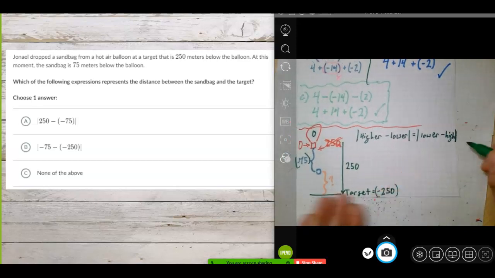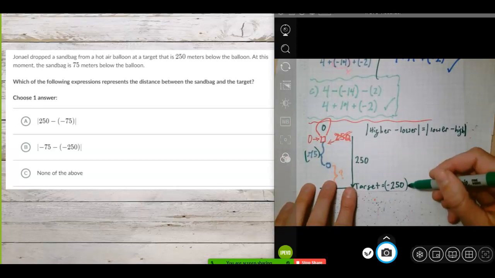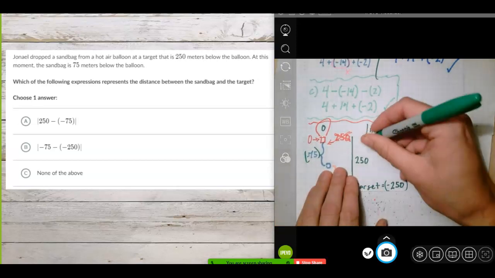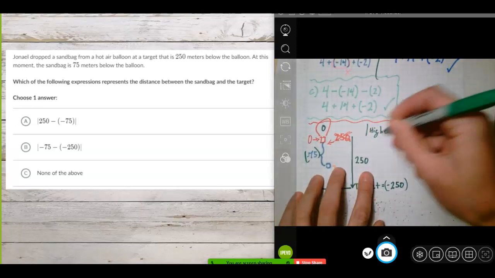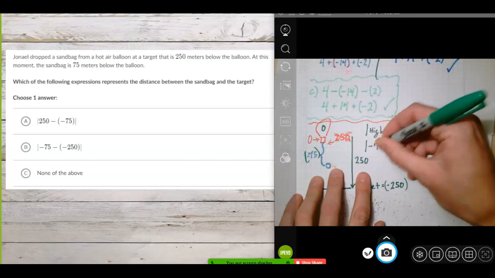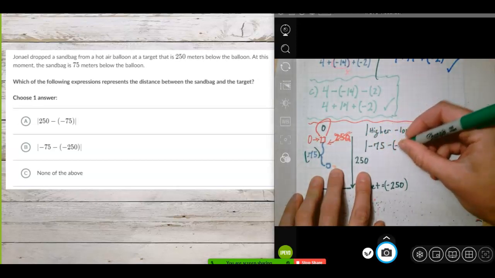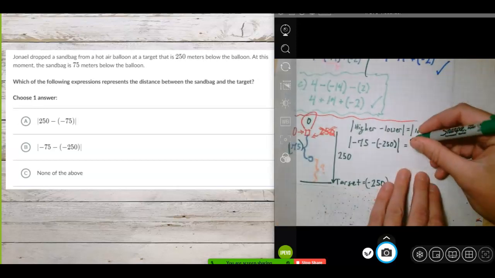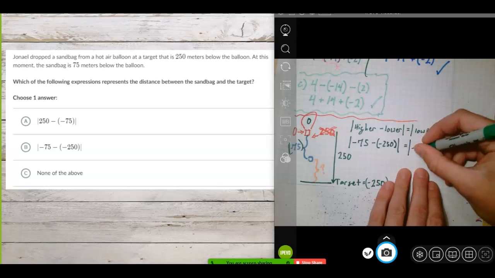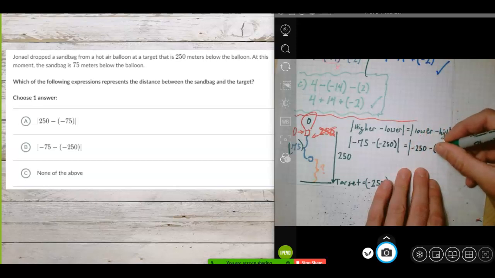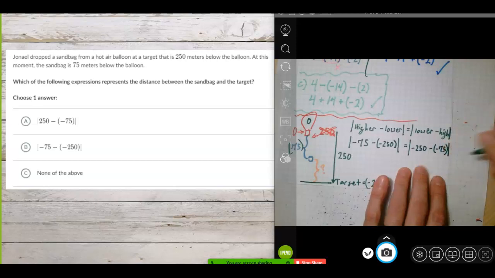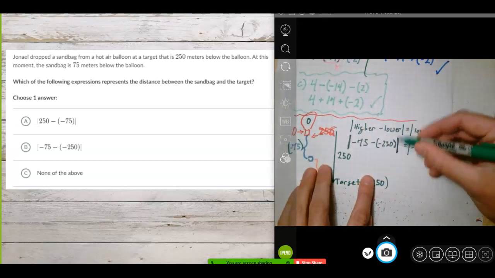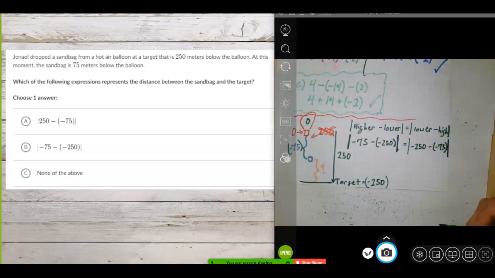So since we have both negative numbers, a negative 250 and a negative 75, if we go higher minus lower, it's actually negative 75 minus negative 250. Or if we flip that order around, it's negative 250 minus negative 75. Of course, all of that in the absolute value because we're talking about distances. Do we have one of those in our options?